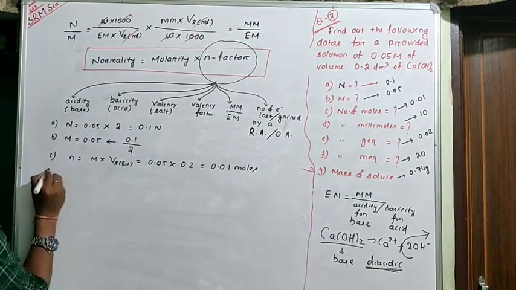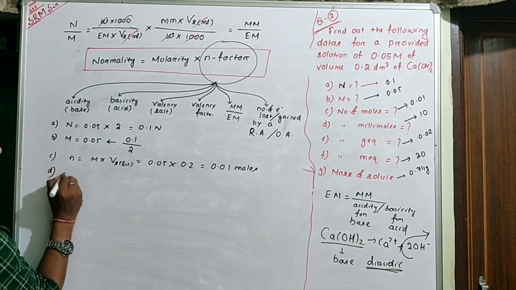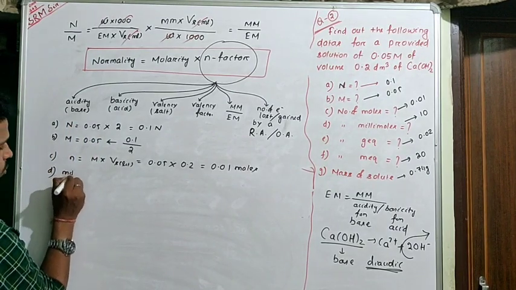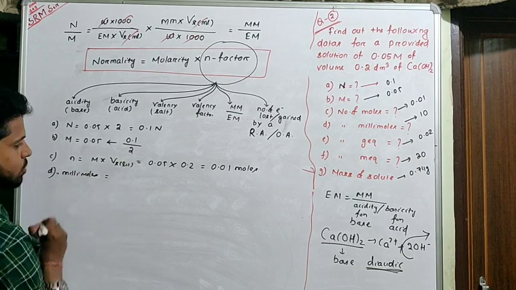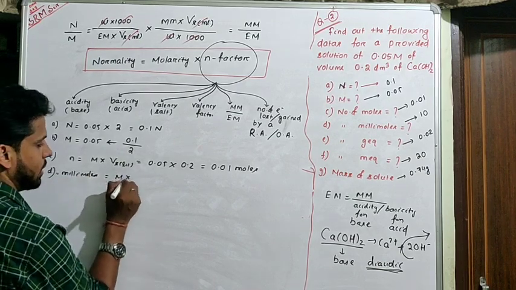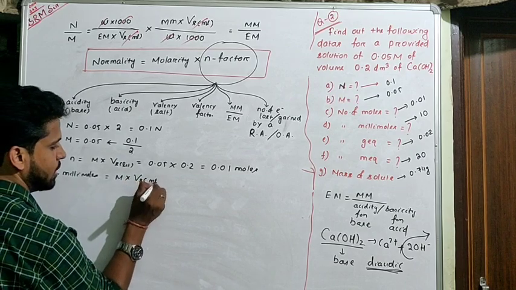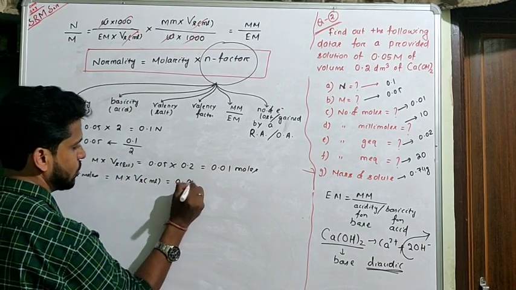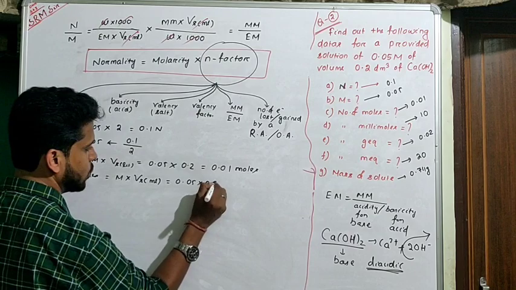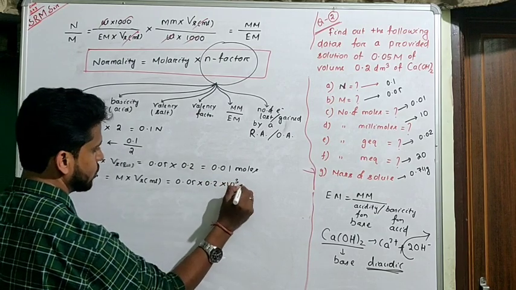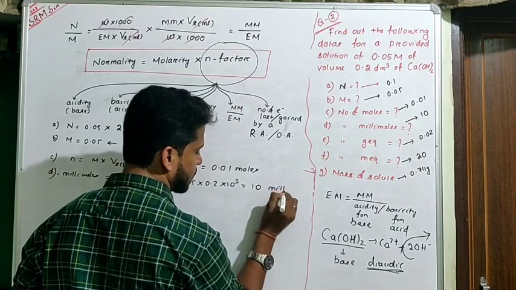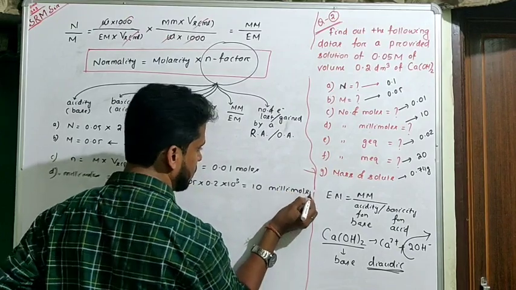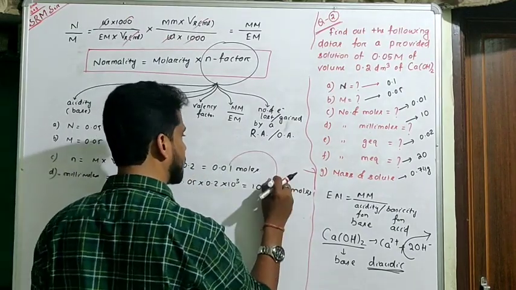Similarly, D. Number of millimoles is molarity into Vs milliliter, that is 0.05 into 0.2 into 10 to the power 3, which is 10. So 10 millimoles, which is the moles into 1000.